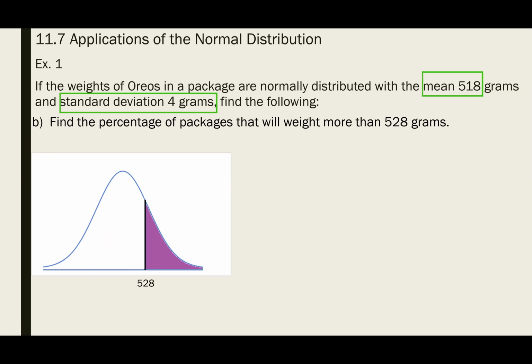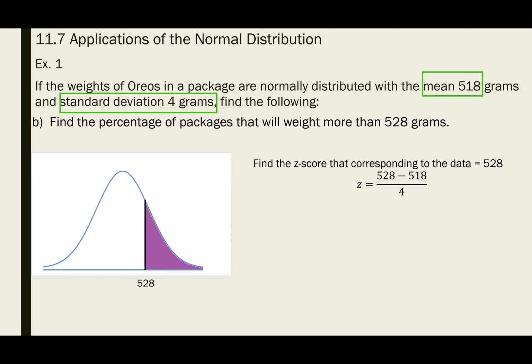We're looking for the area to the right, and this should give you an idea that whatever area we're looking at, we need to take 1 minus that, because the area they give us is the area to the left. Before we do all of that, we need to convert my data, because the table does not give me 528. I need to take this data and convert it to the z-score.